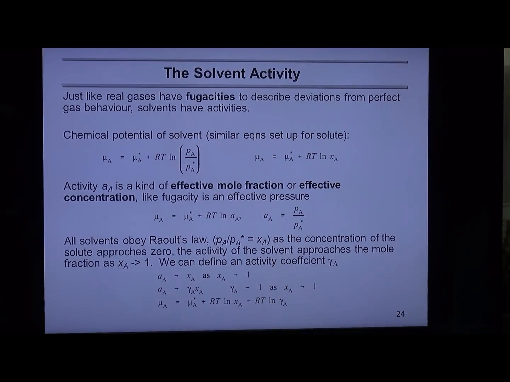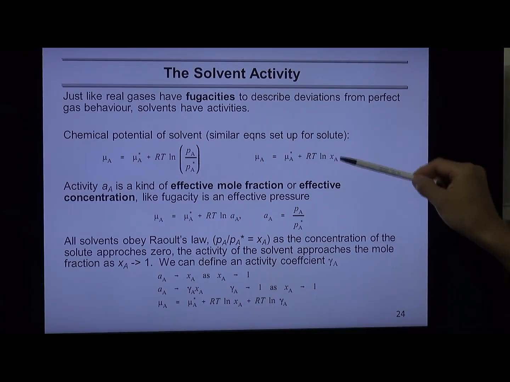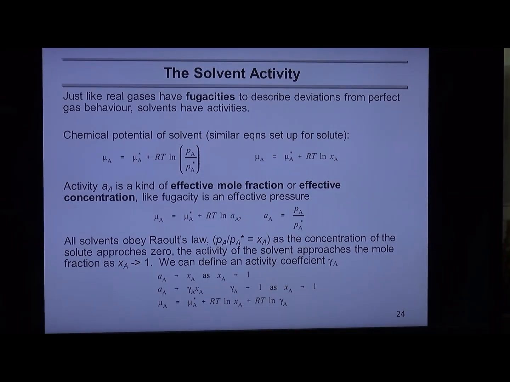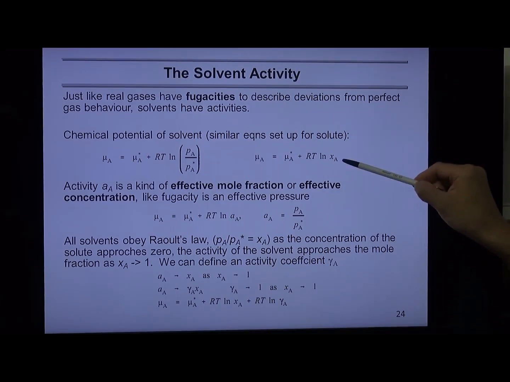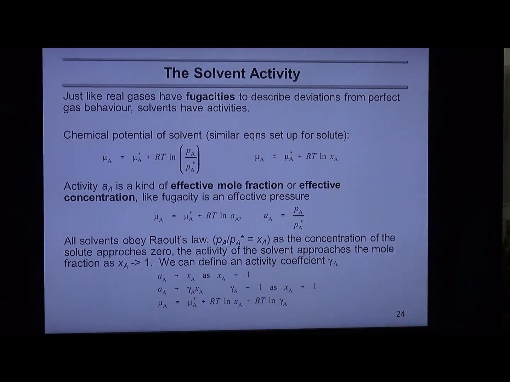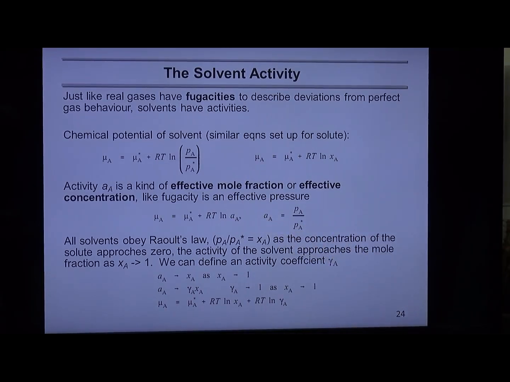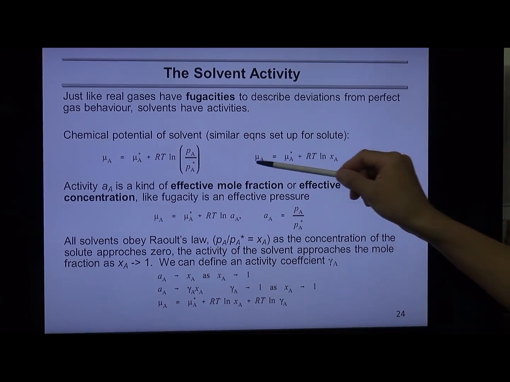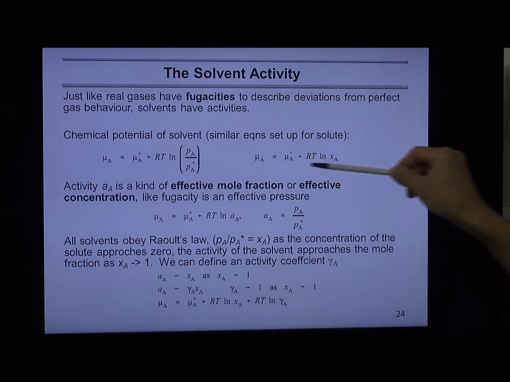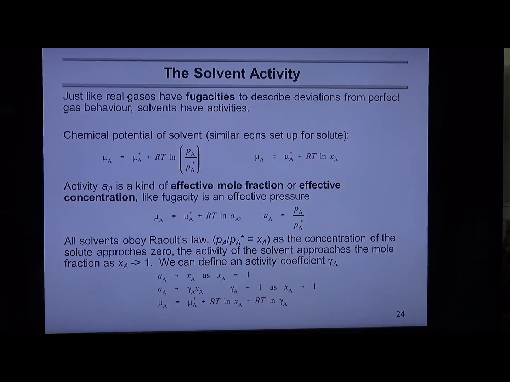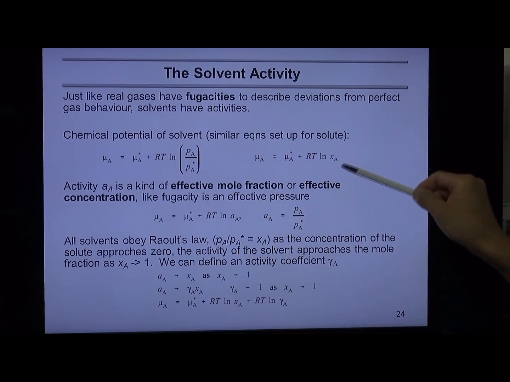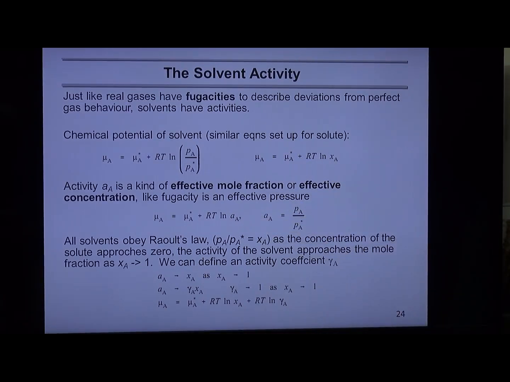Then you cannot use this XA, because this XA is used for the description of an ideal solution, right? So instead of XA, we use a different variable which is called activity, or aA. Okay? So simply to use the same equation to describe the behavior of a real solution, we replace XA with aA.